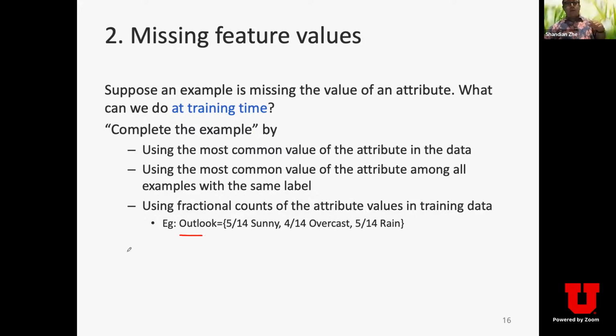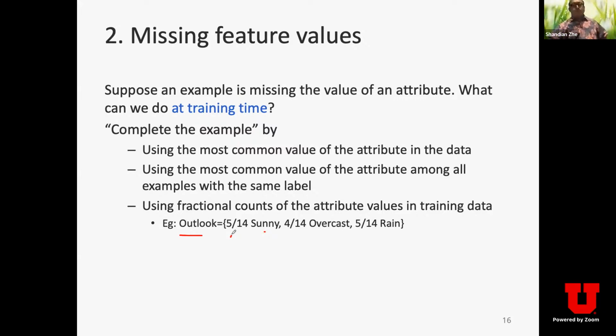Each example will complete or impute the output value with a different value, like sunny, overcast, and rain. And the fraction itself is determined by the proportion of the examples taking that particular outlook value.